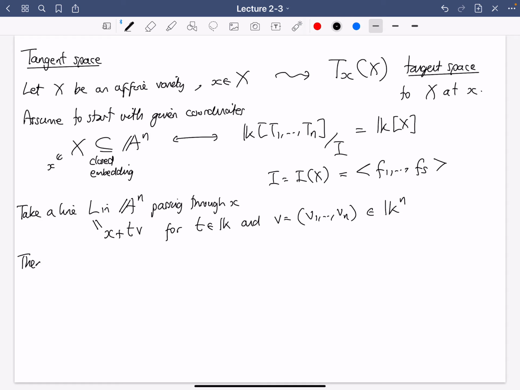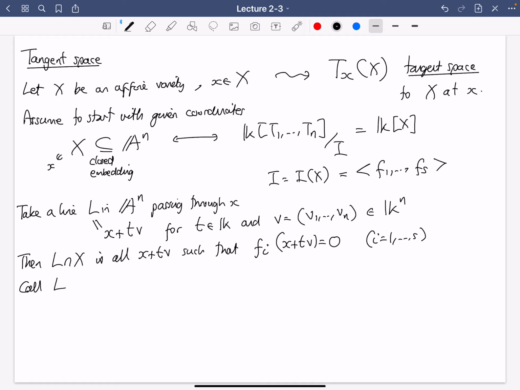And then the intersection of that line with our closed subspace X is all the points such that, well, X is cut out by the vanishing of those functions, the f's. So we want f_i(x + tv) to equal 0 for all i from 1 through s. I'm going to call L a tangent line to the closed subset X at the point x.